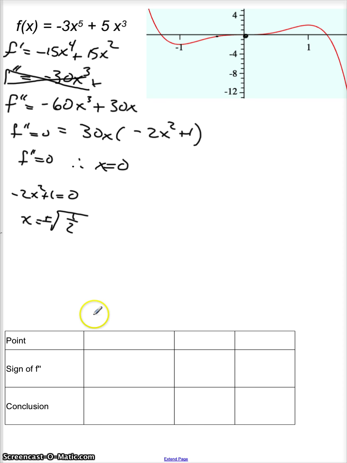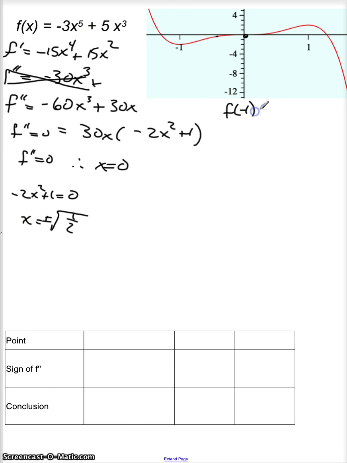All right, so let's check this. Let's look at x equals negative 1. If x equals negative 1, then I needed to make a chart over here.